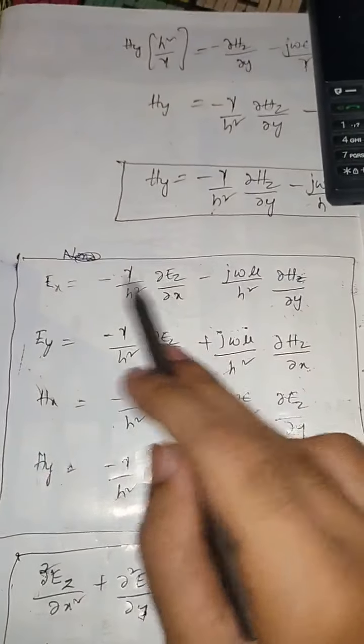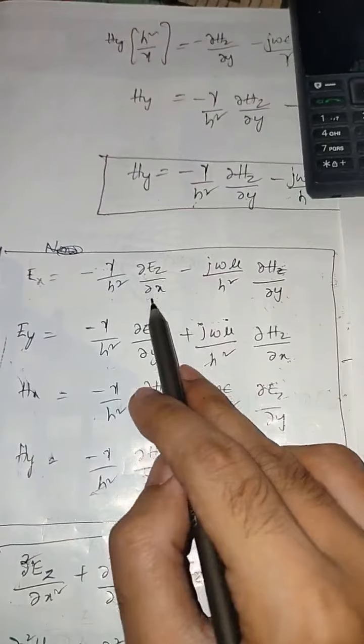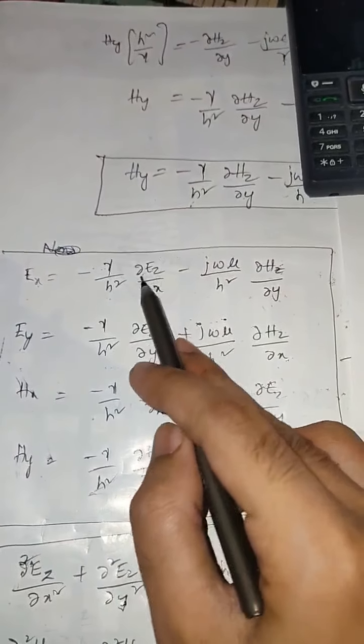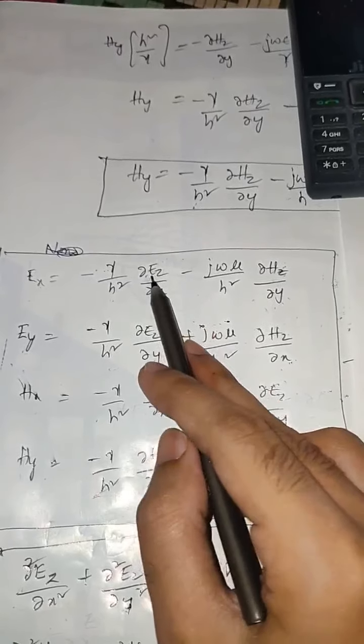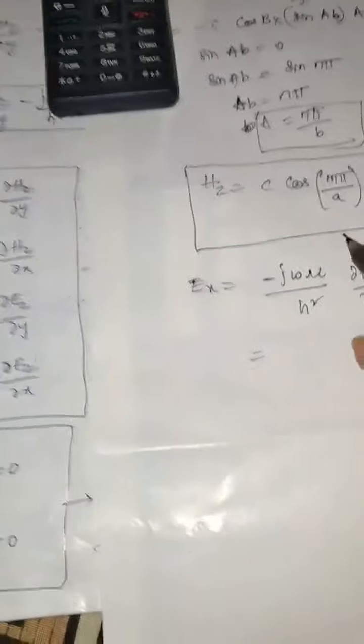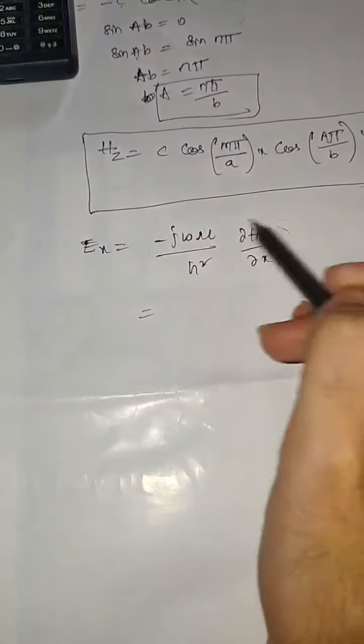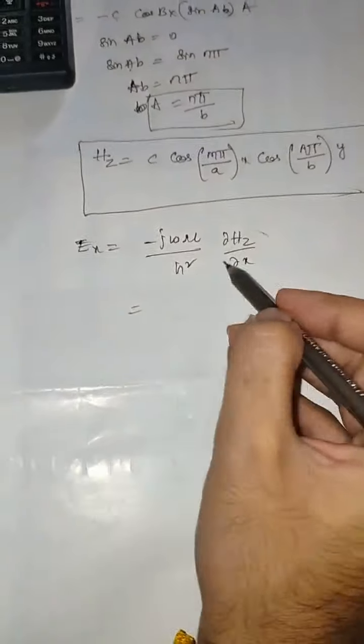In this Ex equation, the ∂Ez/∂y component, Ez, is 0. Why? Because this is a transverse electric mode, and in transverse electric mode, Ez is equal to 0. So the remaining part of the equation is this.